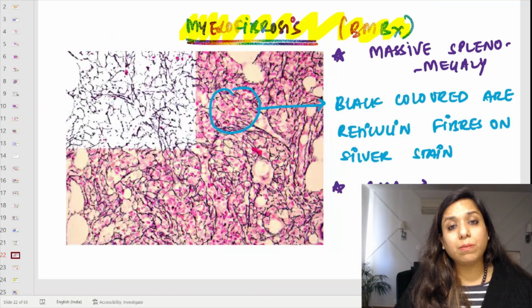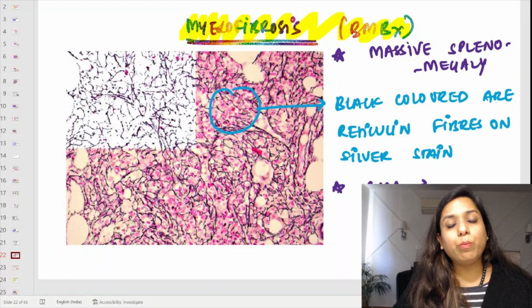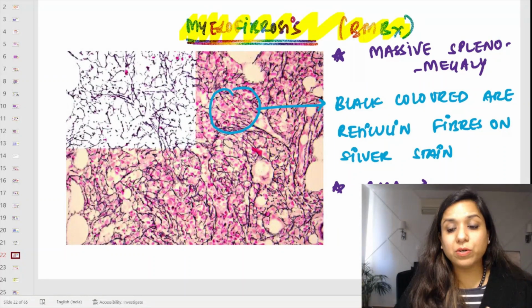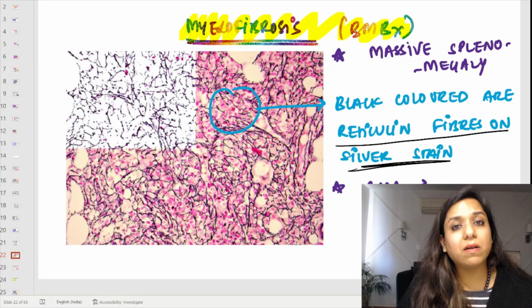Let me tell you some additional things, students. One, myelofibrosis might not be asked in the FMGE exam, but it is important for INI-CET or NEET exams, students. When you do a bone marrow aspirate, all of you know, we get a dry tap. But when we do a bone marrow biopsy, we see black colored fibers on the reticulin stain, which is a silver stain.